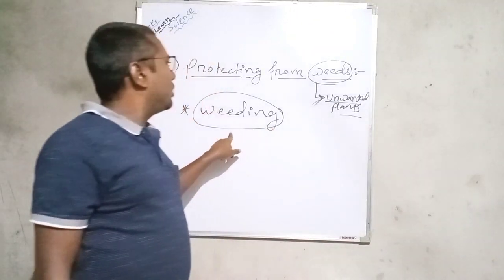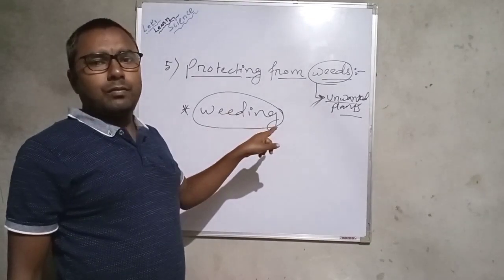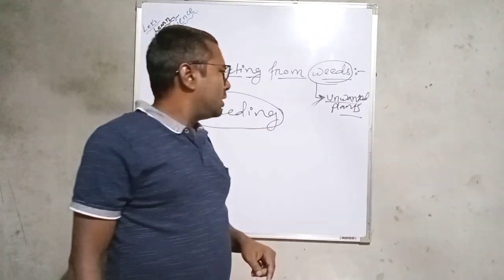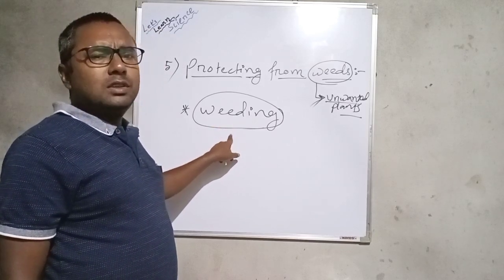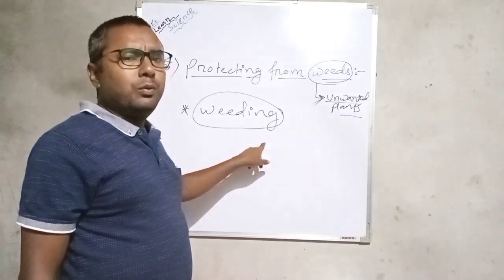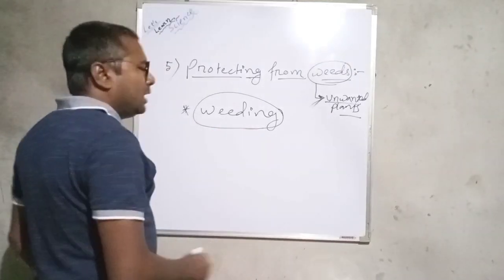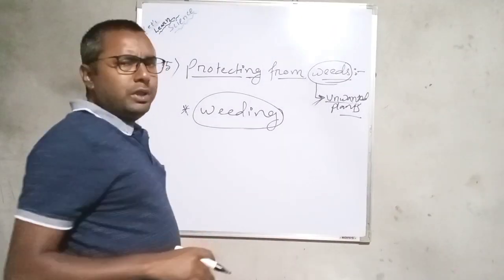The process involved for the removal of weeds is known as weeding. Now let us see what the different methods used for weeding are. There are 3 methods generally used for the purpose of weeding.